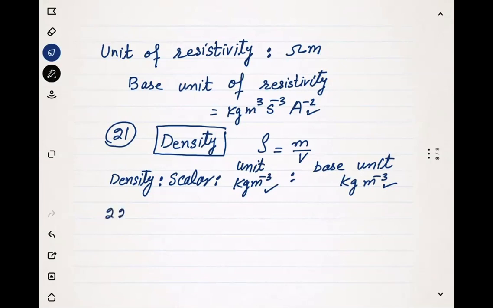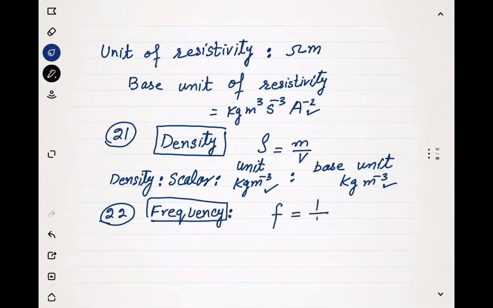Quantity number 22 is frequency. Frequency is actually 1 over time period. So its unit will become second inverse.